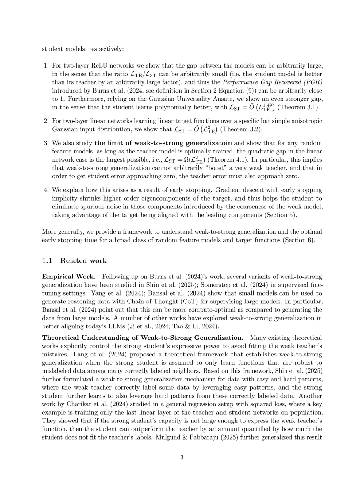Performance is measured by comparing the population losses of the teacher and student models, denoted as L_T and L_S, respectively. The results demonstrate that the student model can achieve significantly lower error rates than the teacher, with the performance gap being quantified through metrics such as the performance gap recovered, PGR, which can approach 1.